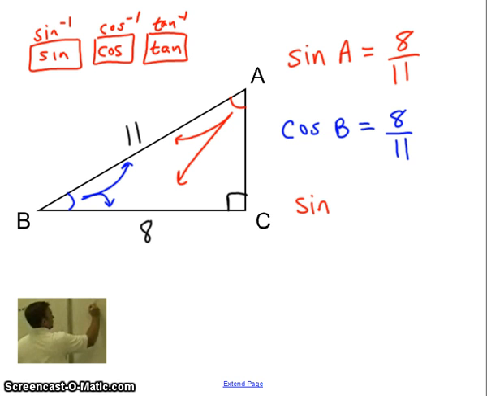All right, so sine A, back to here, and solving for A. Sine A equals 8 over 11. In order to solve for A, we're going to multiply both sides by sine inverse.